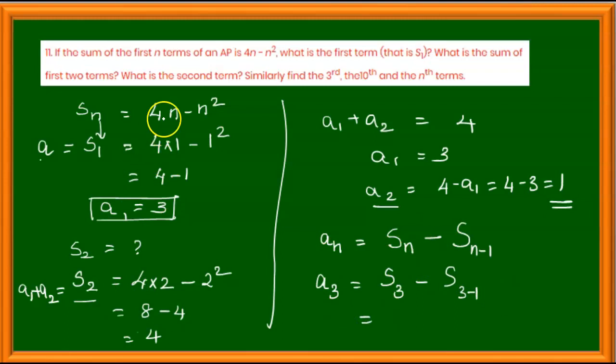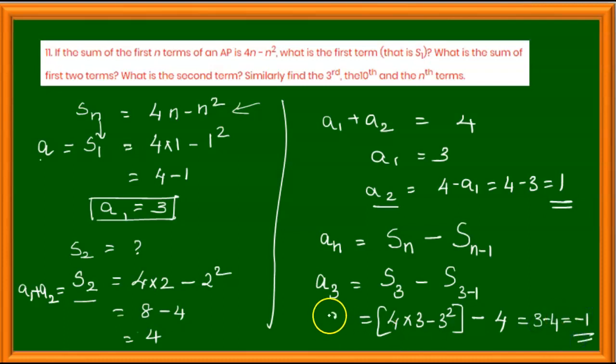So S3 becomes 4 into 3 minus 3 square, in bracket, minus S2, which is already calculated as 4. So 12 minus 9 is 3, 3 minus 4 is minus 1. So A3 we got is minus 1.